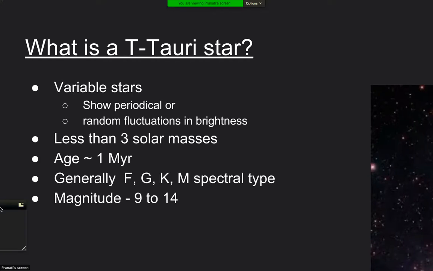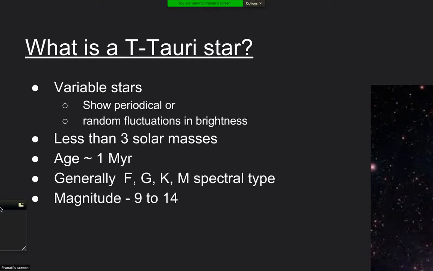Going over what was mentioned about 2 weeks ago, about T-Tauri stars. A T-Tauri star is a variable star, which basically means that random dimming or fluctuations of light are seen. They are generally 3 solar masses or less, where one solar mass is the mass of the sun. Average age is about 1,000,000 years.